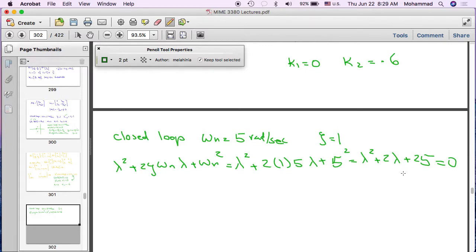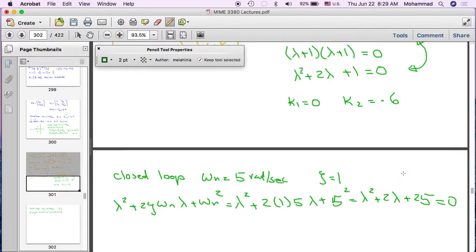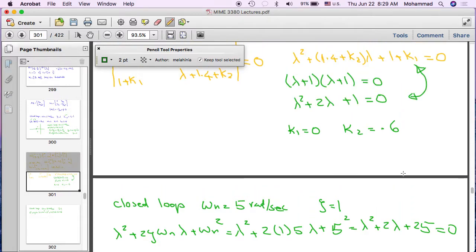And how do you find K1 and K2? Simply by comparing this equation to the equation that we have up here in yellow. So what you know is 1 plus 4 plus K2 has to be equal to 2, and 1 plus K1 has to be equal to 25. Yes, a mistake?